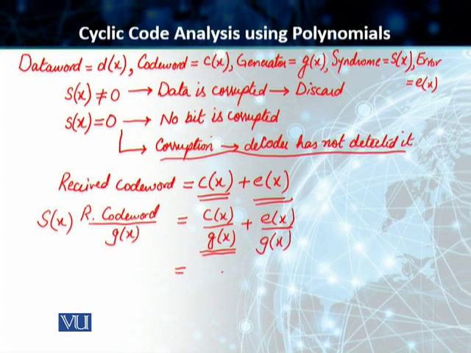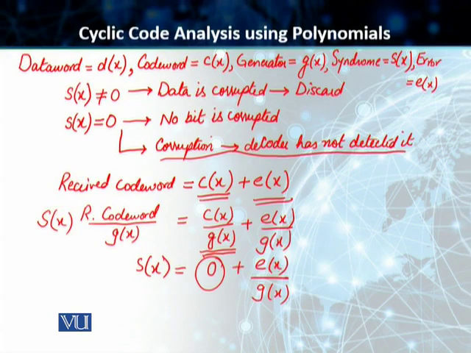So students, in this case, this is going to be 0. So our actual syndrome will be equal to the error divided by the generator function.